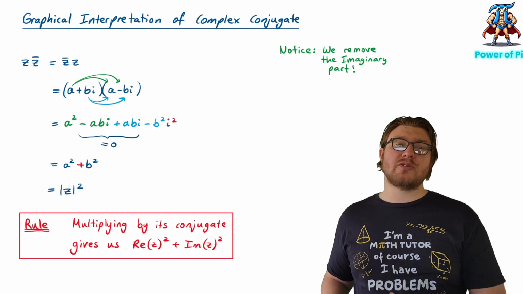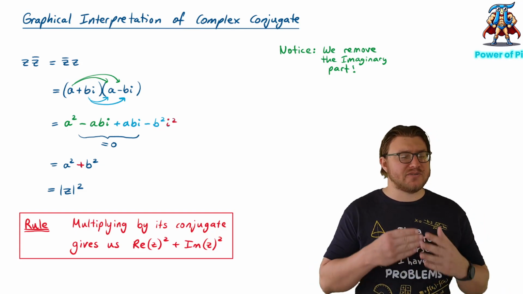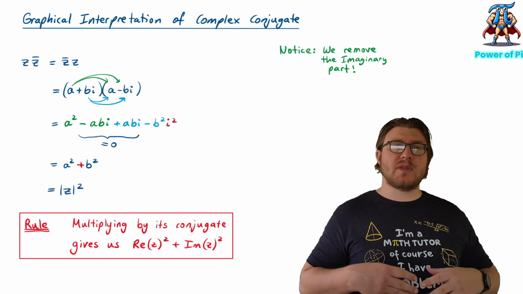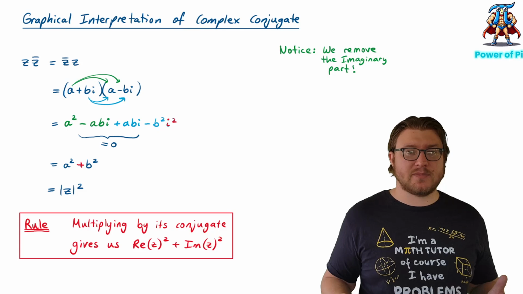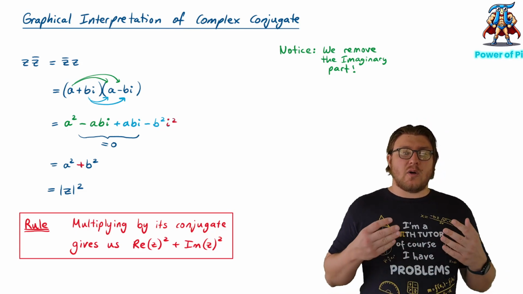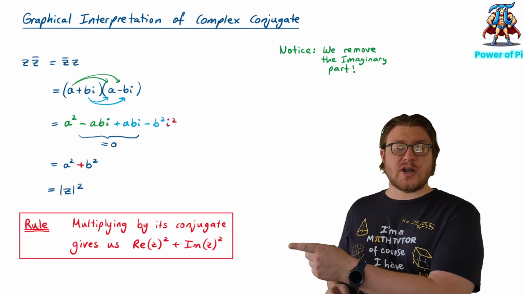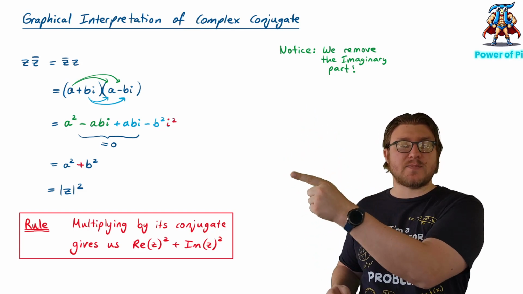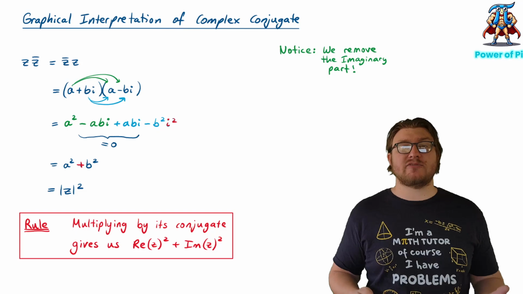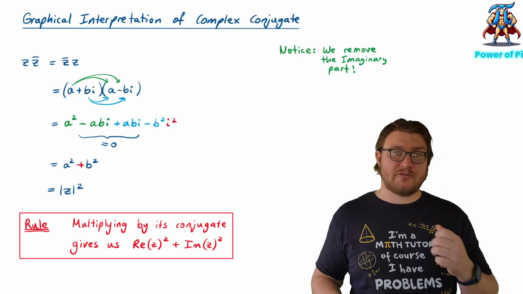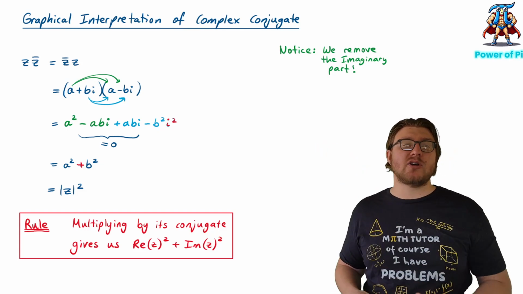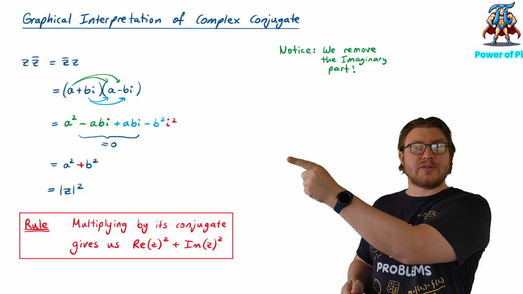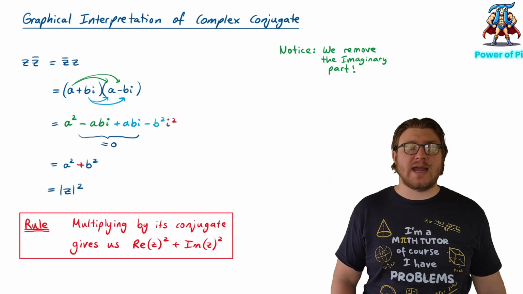And this is the rule that you should know by heart very quickly, because we multiply by the conjugate in basically everything. So, if you are able to go straight to this step without any of these expanding parts, you're going to save yourself some very valuable time for an exam question. If you forget, you can always go back to expanding, figuring out that these cancel out, and you will get to the same answer.